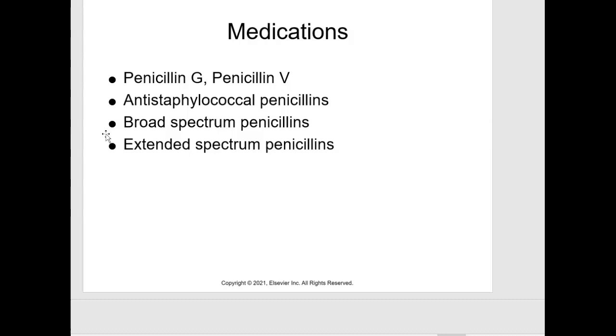It is bactericidal to gram-positive bacteria and gram-negative bacteria. Despite having these new fancy antibiotics, penicillin G remains a drug of choice for many infections. Don't discount it, don't discredit it, and don't forget it, okay? It's still a very good drug.